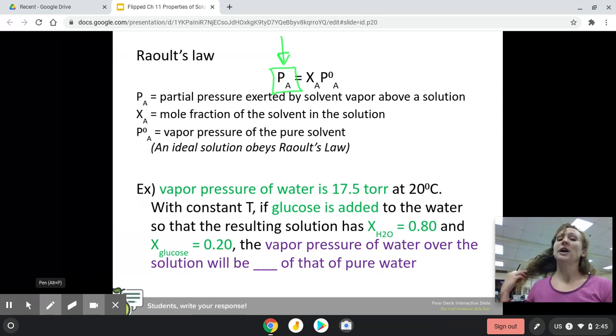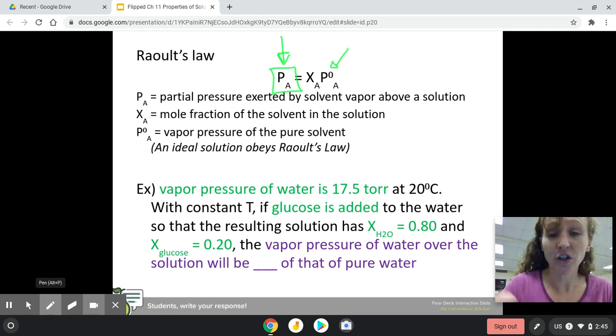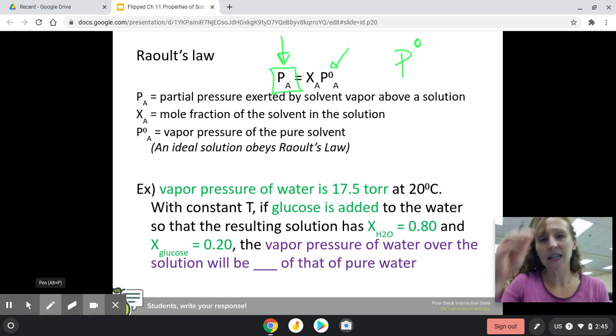Now, vapor pressure is dependent on what the original pressure is. So P is partial pressure. This little degree symbol is, we say naught. So we would call this a P naught. And usually naught is an indication of the initial measurement.